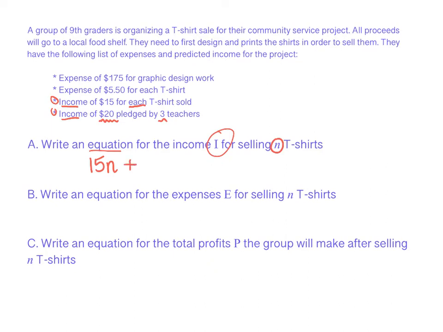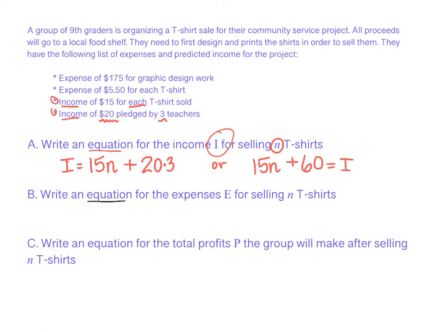So there's a couple ways I could write that. I could write that as 20 times 3. So this is a great expression. Or I can simplify that ending part because 20 times 3 is $60. So either of these expressions is great. Okay, and if we're writing an equation, we probably want to say that I is equal to this.